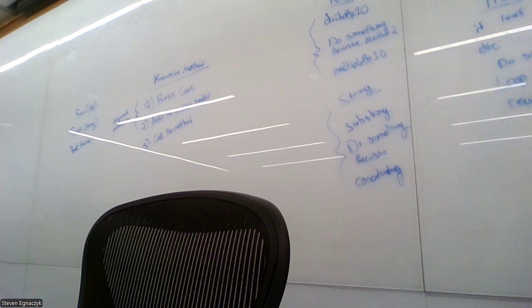Almost every single tree one follows the same exact structure because that's how you can easily do recursion on trees.